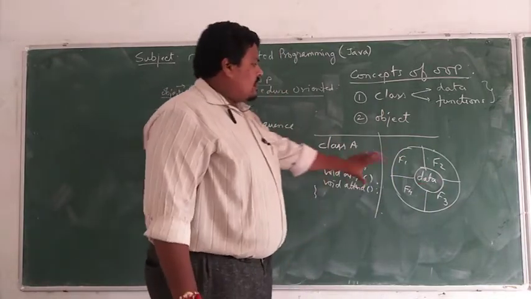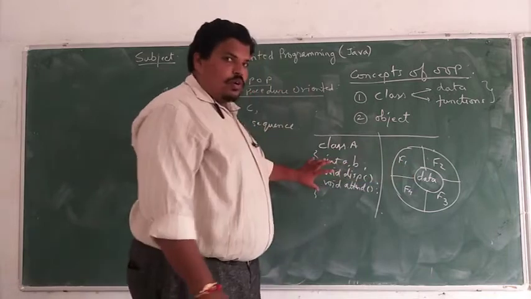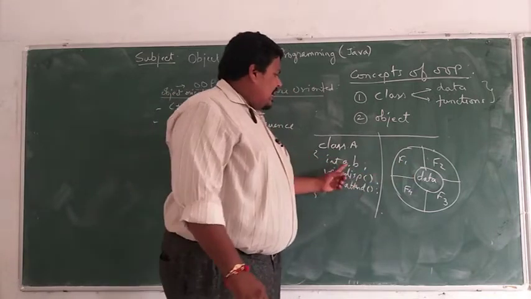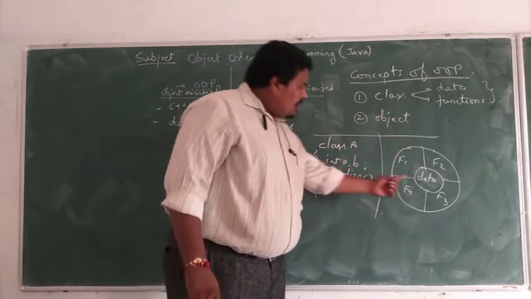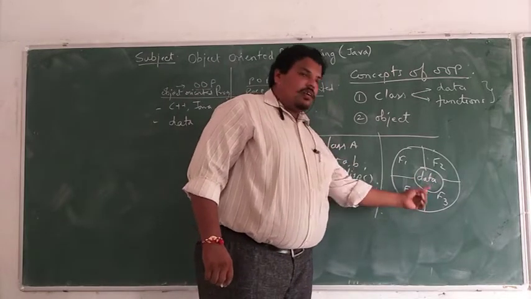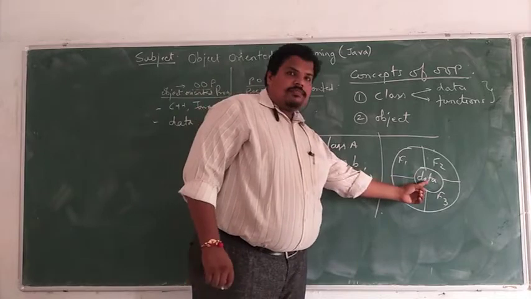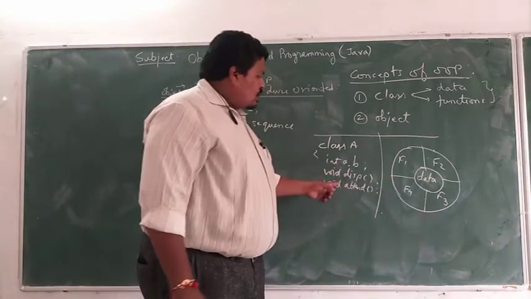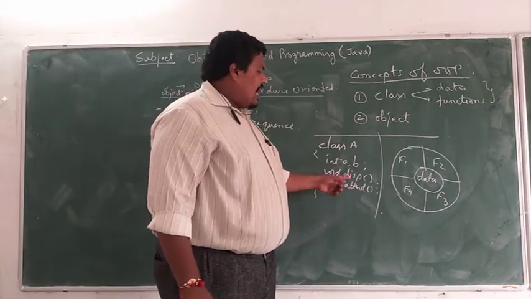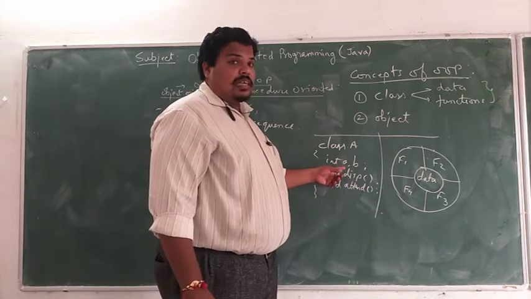If we relate this diagram to this code, A and B are the variables that are storing the data. That means the inner circle represents data, and A and B are stored over here. We have also mentioned that disp and attend are the two functions operating on the same data.